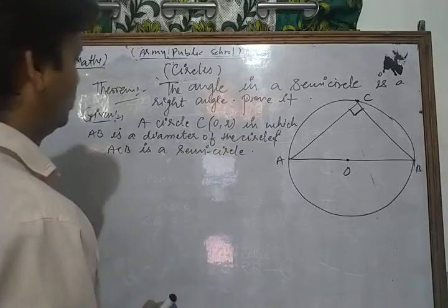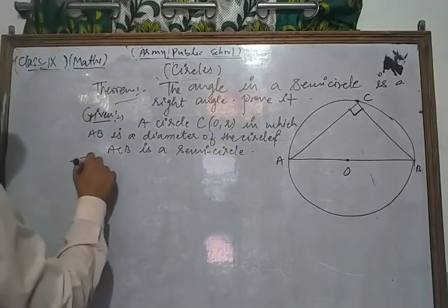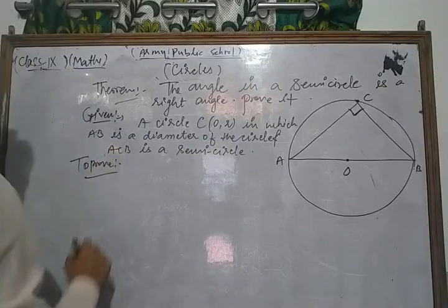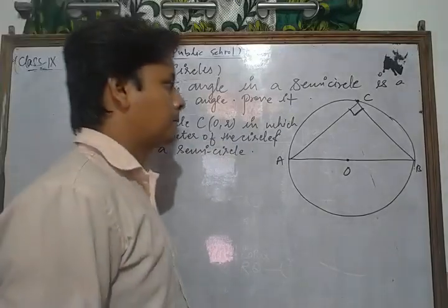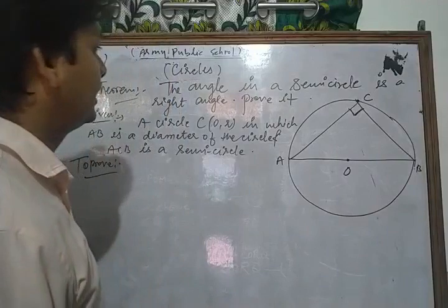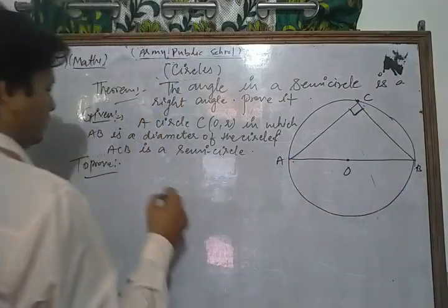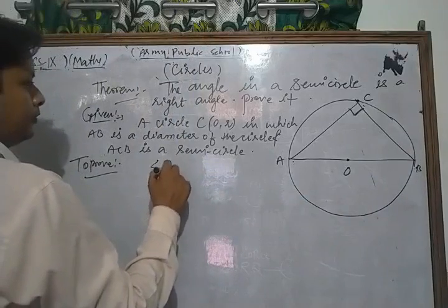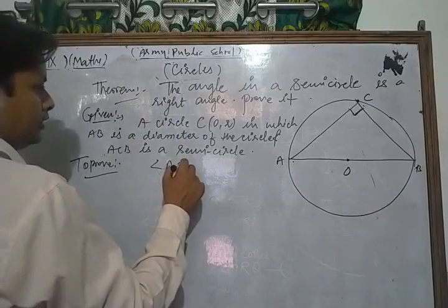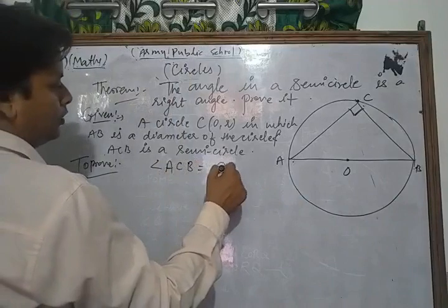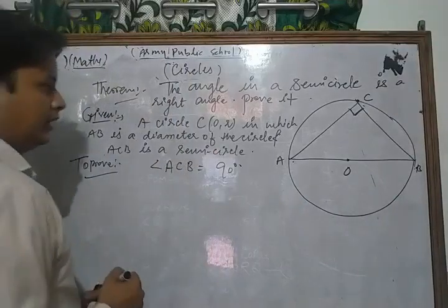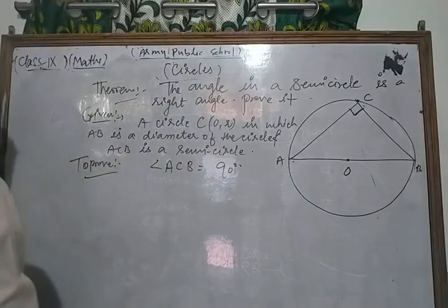Now we write To prove: the angle in a semicircle is a right angle. Prove means angle ACB is equal to 90 degrees.